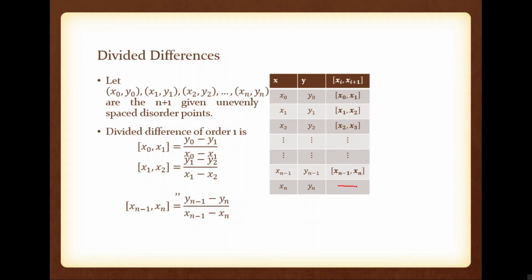That is why I am saying this is similar to the first order finite forward difference, where the last element is not available. If you have n+1 data, then we have n divided differences of order 1. So please note the last data is not available. Is it clear, all of you?